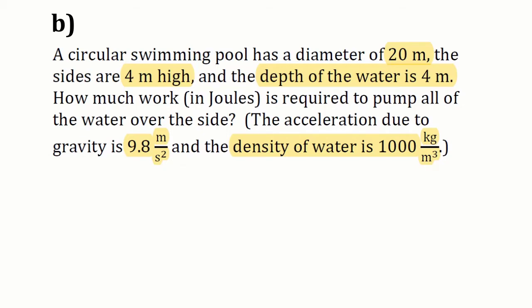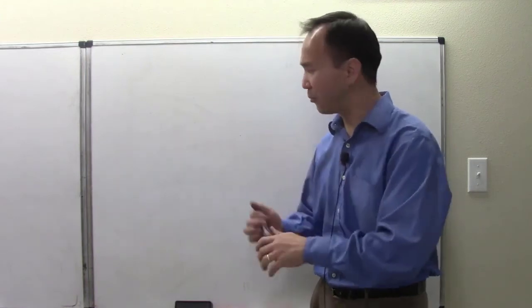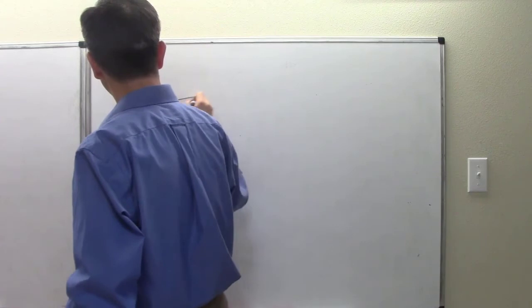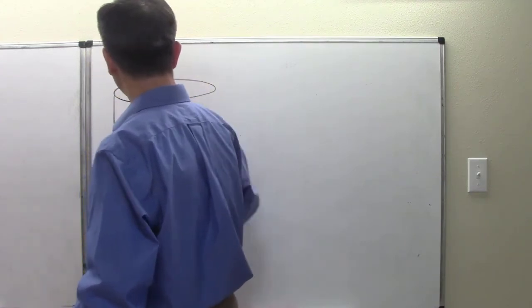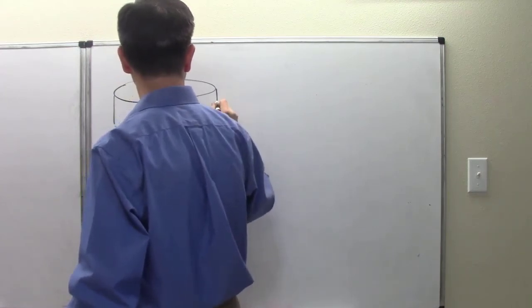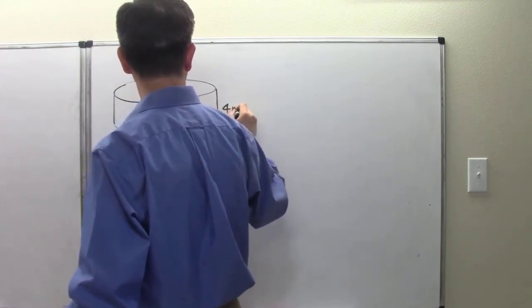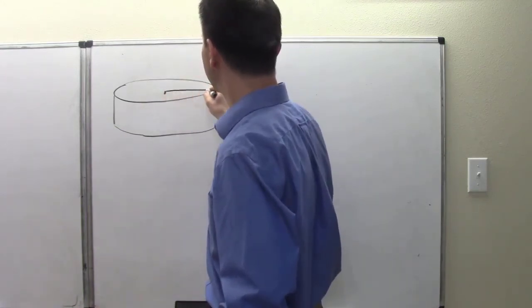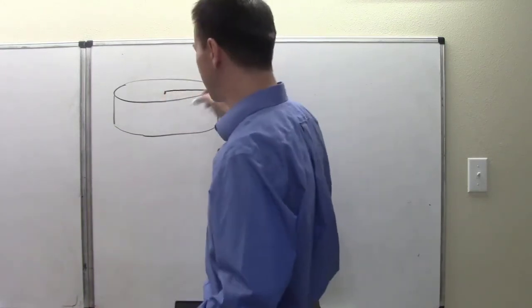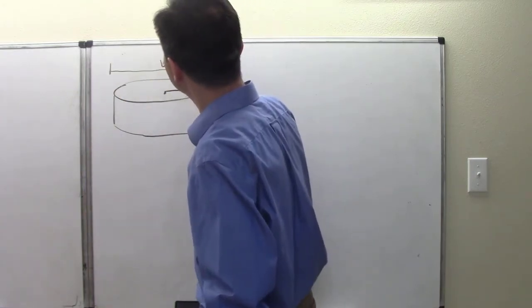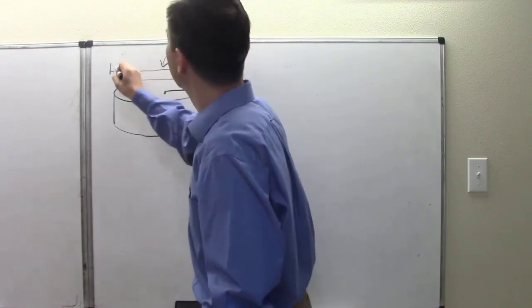So let's make a sketch. Even though we know that we start out with a tank full of water, just allow me to draw. So how about this? All right, so there's our swimming pool. 4 meters high, and I'm off scale a little bit, so please forgive me on that, but the diameter is 20 meters.